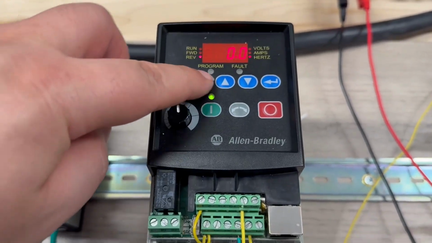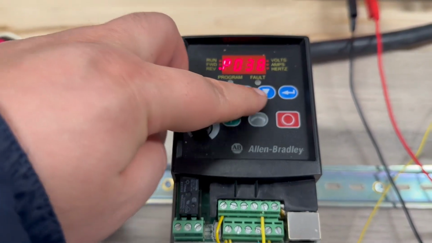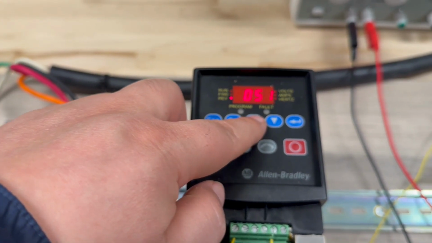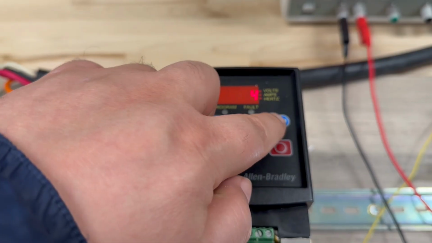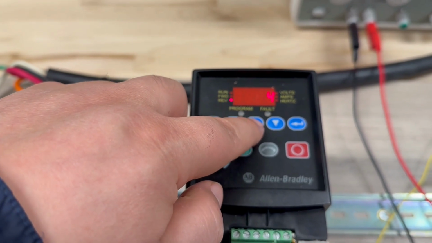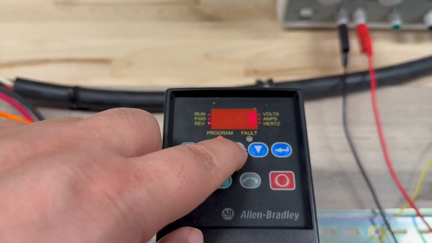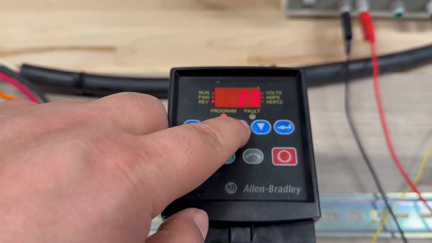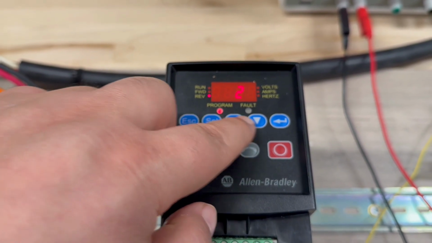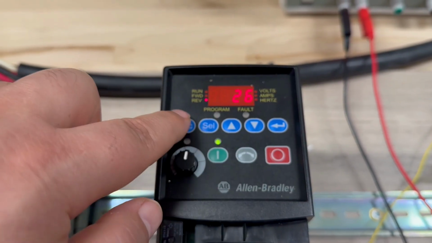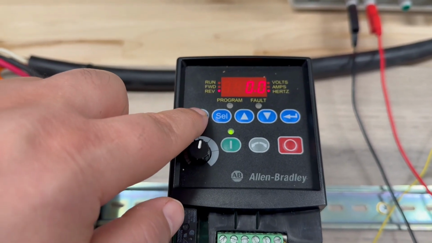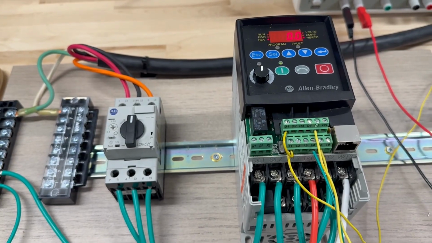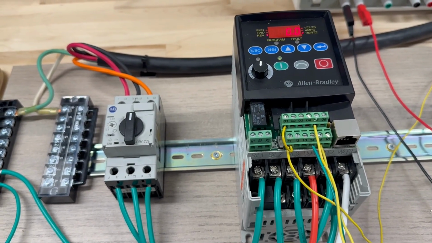So I'm coming here and choosing A51, I say enter. Right now it is on 4, it should be on 26 for that to happen. So I go to 26, I say enter.